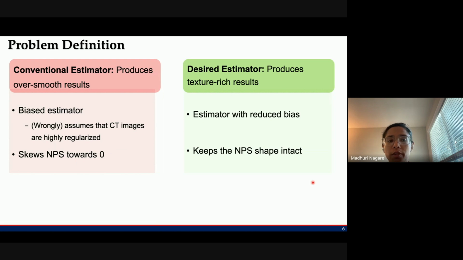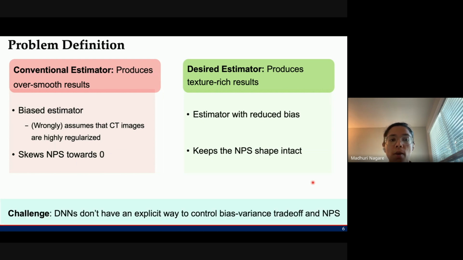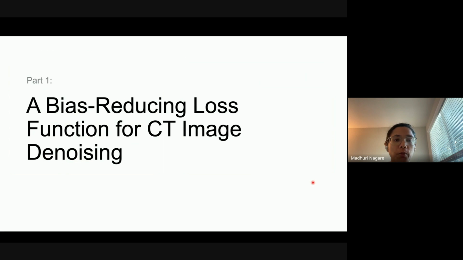And thus we get texture-rich results. But the challenge is deep neural networks don't have an explicit way to control the bias-variance trade-off or noise power spectrum. So we provide methods to achieve these two goals.